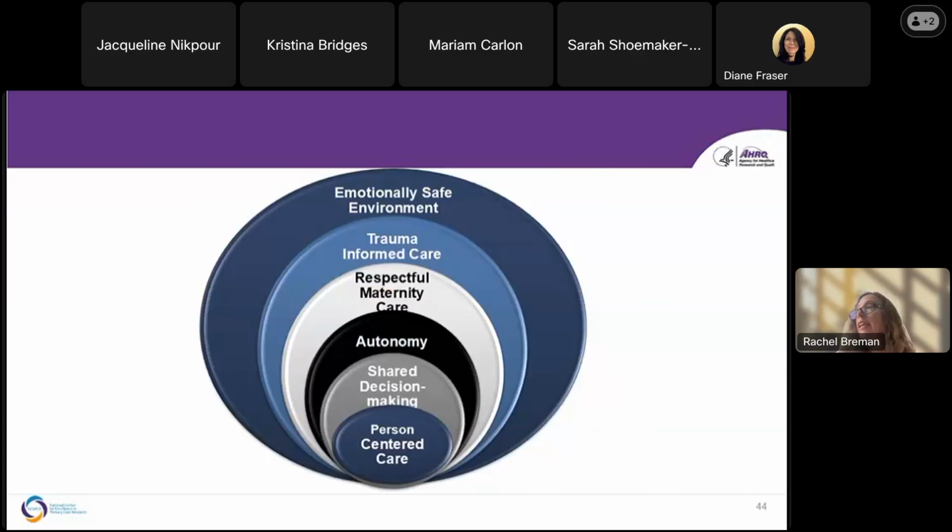Now, I just want to couch this communication in that we have a lot of terms out there right now about communication. We hope that all communication is happening in an emotionally safe environment where patients feel comfortable and safe to talk about what they're feeling and what they're thinking.